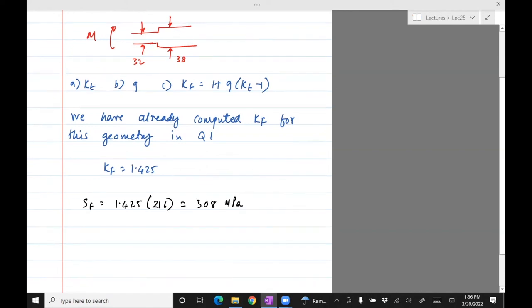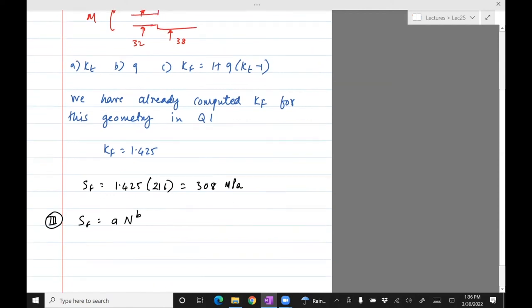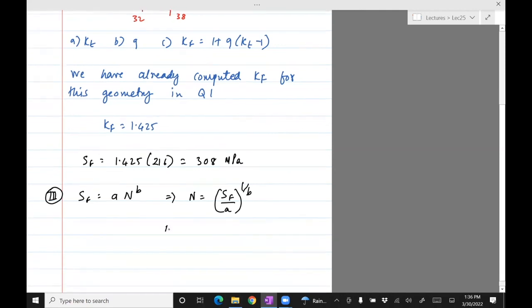Okay. So step 3 is the final step. SF is A N raised to B. N is SF divided by A, raised to 1 divided by B. And so I'm just going to get SF from here, 308 from top, and then A was computed at the end of part 1, so that's going to be what was 1564.